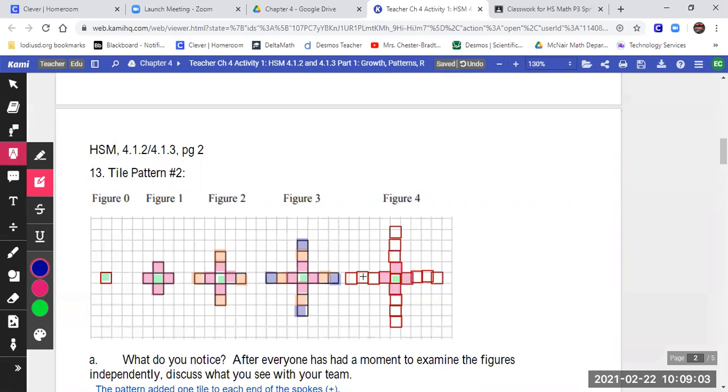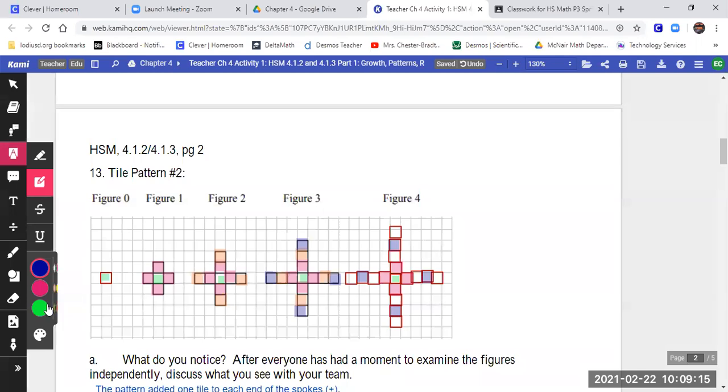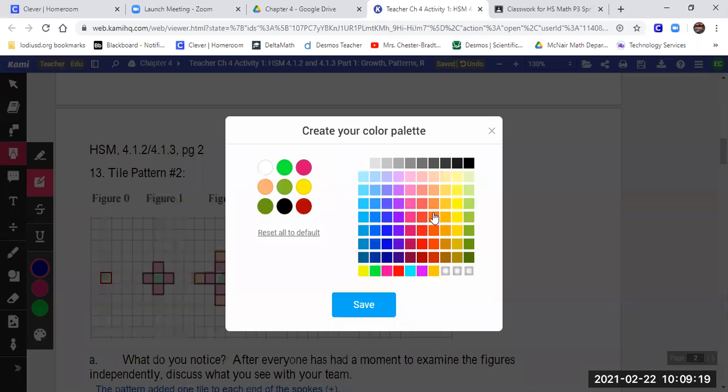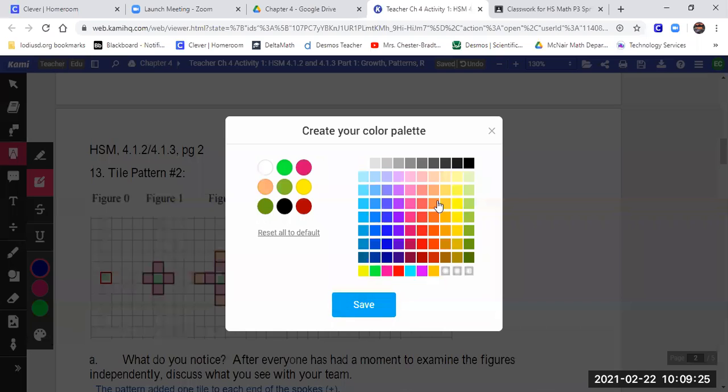I can put the blues on and go back for the orange in a second. Might have been this guy. Nope, I know it was darker than that. Nope, still darker.